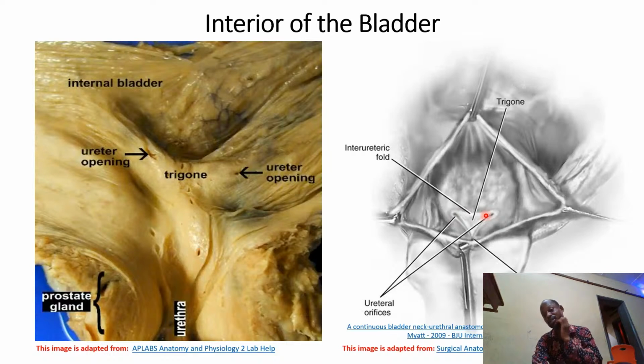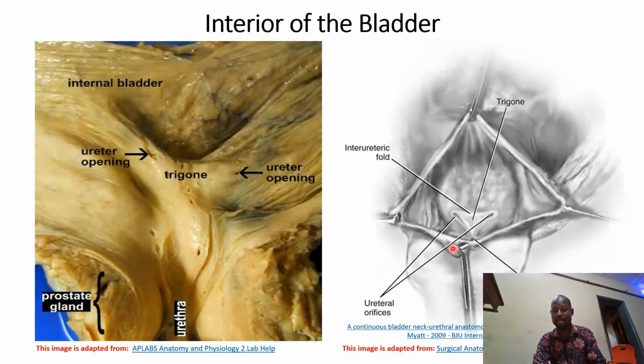This fold forms the uppermost part of the trigone, and it forms a triangular shape. At the apex of this trigone is where the urethra continues.